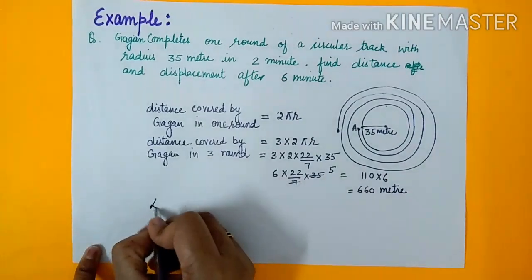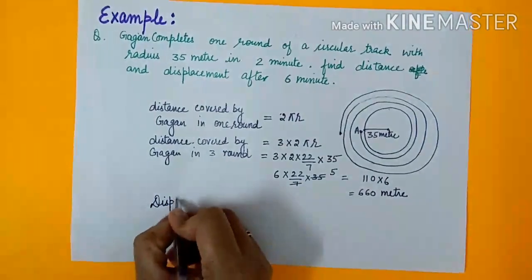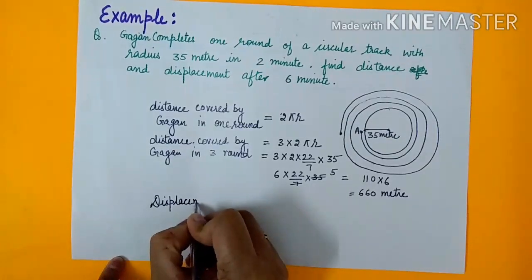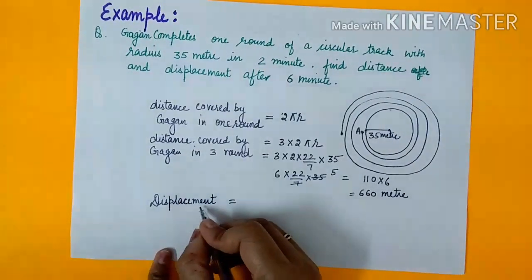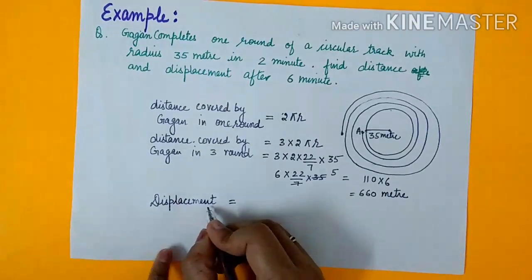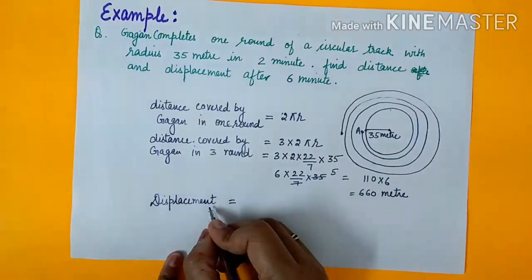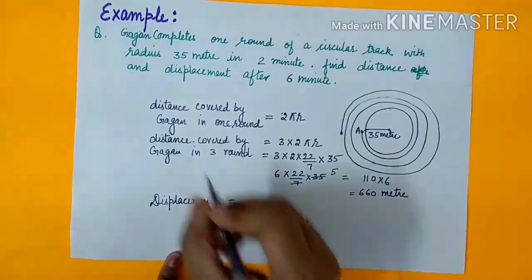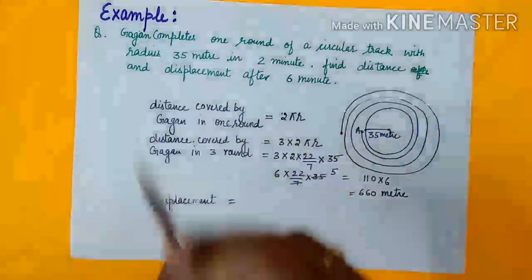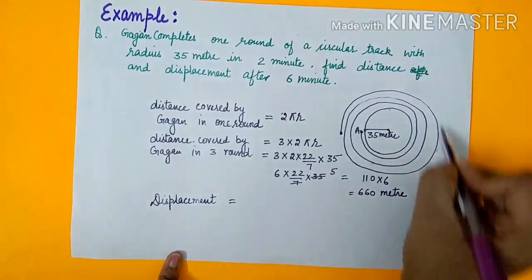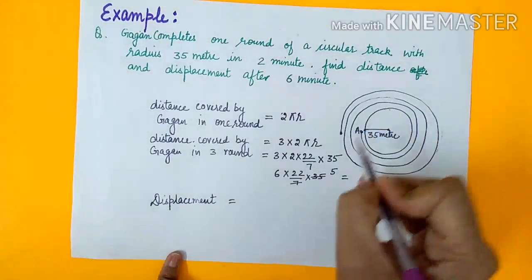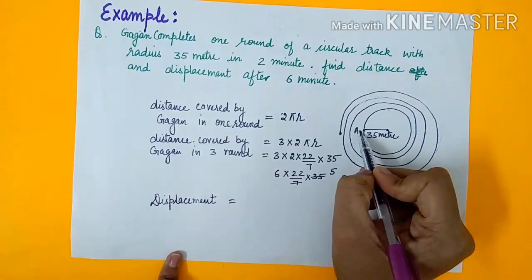Now come to the displacement part. Just recall the definition of displacement: the shortest distance between the initial and final position. So let's identify the final position of Gagan after taking 3 rounds. He started his journey at A, and after taking 3 rounds, he will come back to his original position.